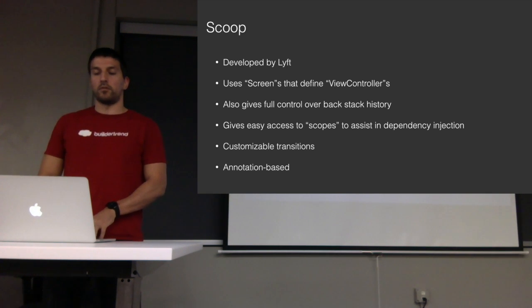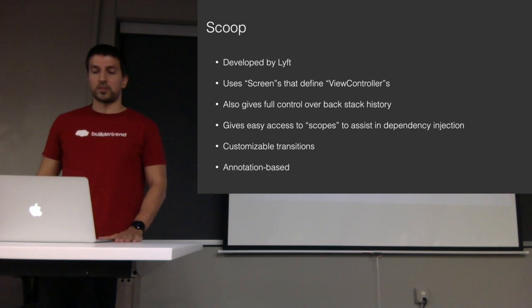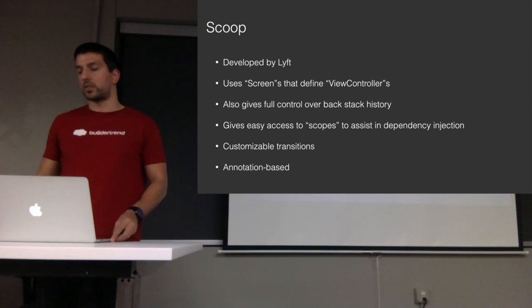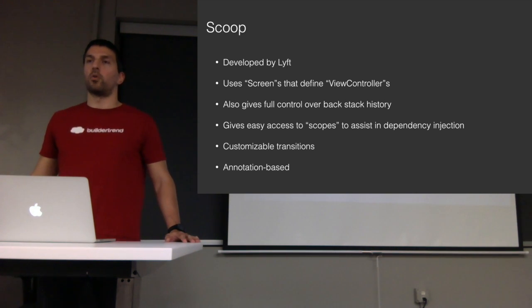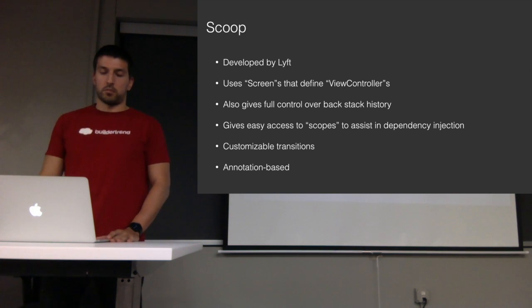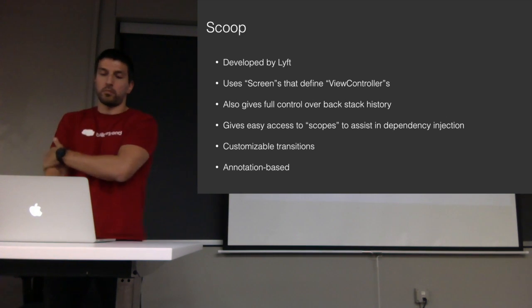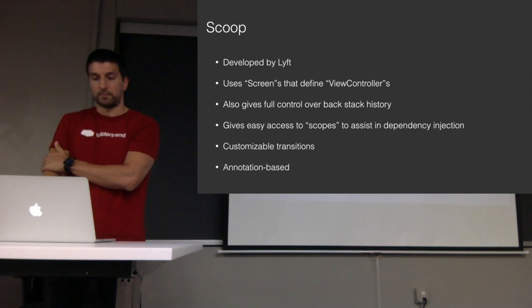It uses scoops, which are basically just scopes, and so it combines backstack and scope management into one library, which is nice. With Flow from Square, they use Mortar to do that for them. So sometimes you use a separate solution, sometimes not, but that is there for you. And again, I haven't personally used Scoop, but it looked interesting.